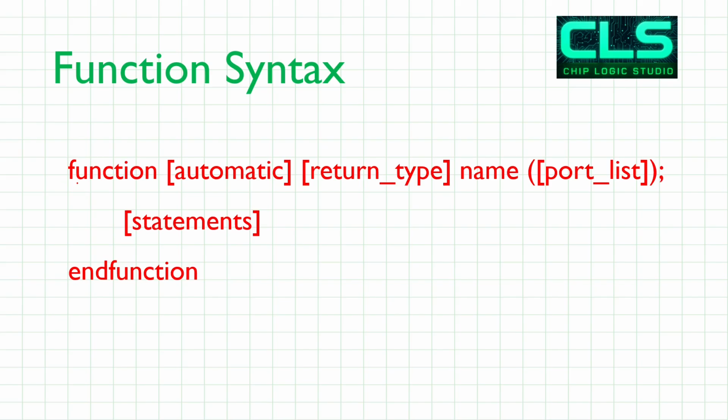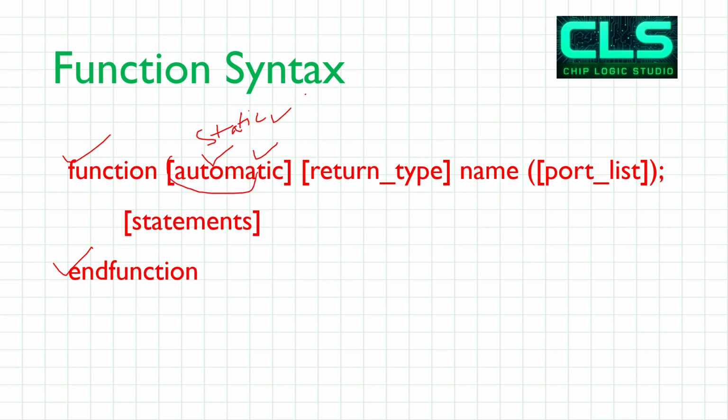And here is our function syntax, a typical Verilog thing. Automatic and static, I have mentioned in our previous videos. A module is static. If you want to create a function which is automatic inside the module, you have to mention automatic here, otherwise it will be static.